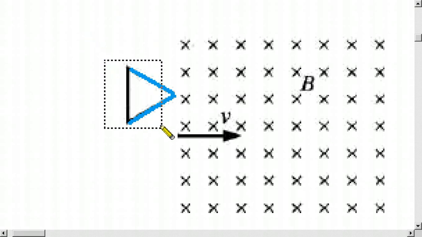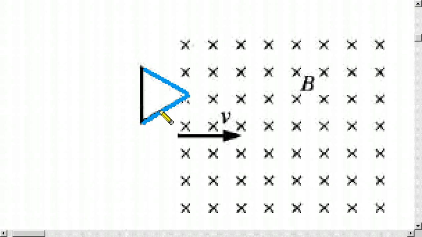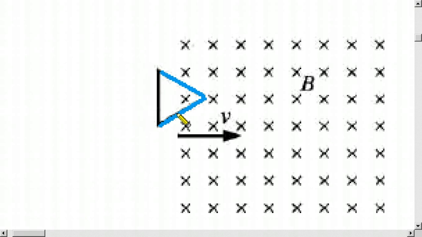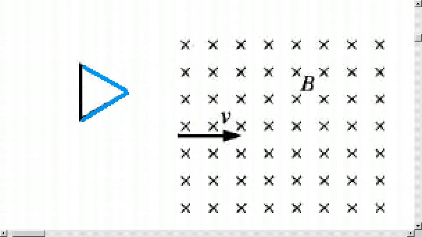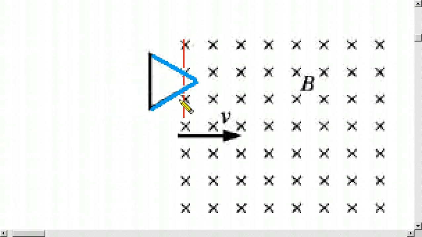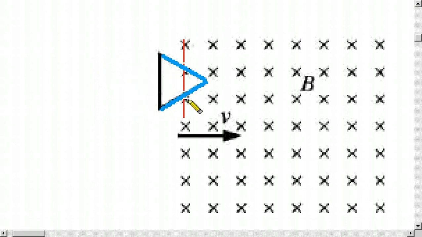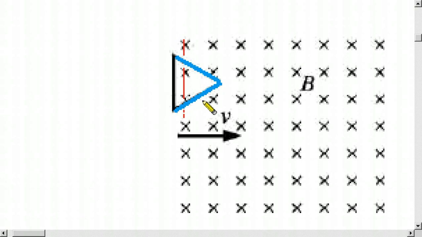First those inclined conductors enter the magnetic field, while the vertical wire has not yet entered, because the boundary of the magnetic field is this one. Let us mark it like this. This one is the boundary. So this blue color part is now inside the boundary, that means in the magnetic field.